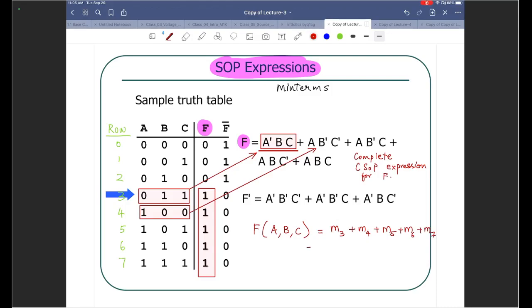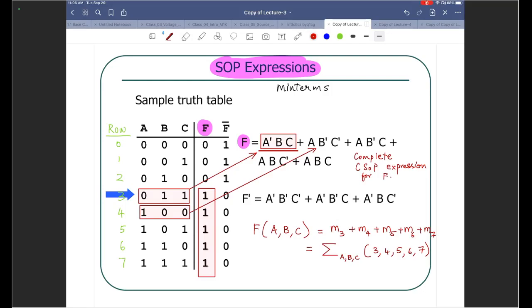And I can also simplify this to write it very nicely as summation over A, comma B, comma C, of 3, 4, 5, 6, 7. That's it. So you see what I'm doing here? I'm just saying where are the ones: in rows 3, 4, 5, 6, and 7. And if I'm interested in writing a sum of product expression, I would just use the summation sign.